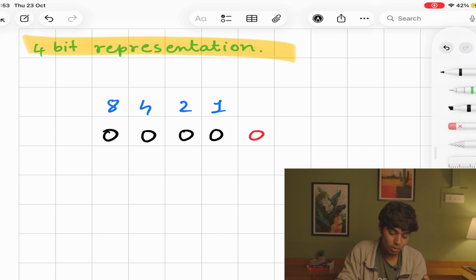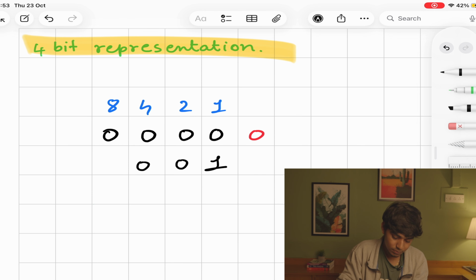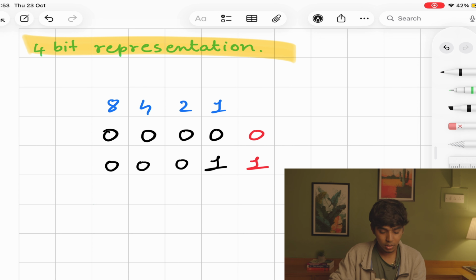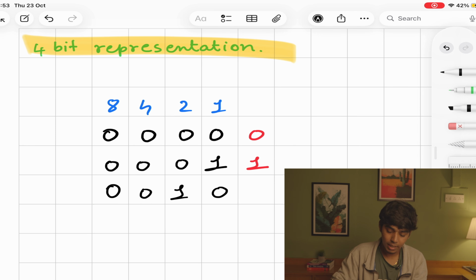So keep that one on. Rest all the switches are 0. So this represents 1. Now I need to represent 2. I know that the second switch should be on and rest all should be 0. So then I can represent 2.